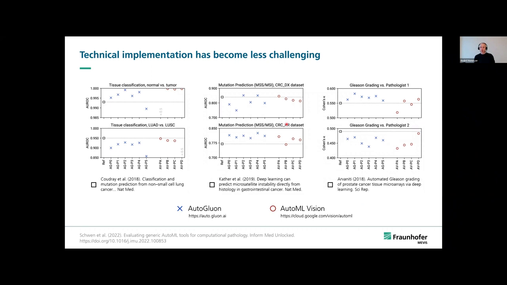Nowadays, there are so-called AutoML tools that automatically generate suitable AI models for a given dataset. This slide shows the result of a study in which we evaluated two popular AutoML tools for applications in pathology. We used these tools to reproduce 3 previously published studies on common use cases in computational pathology.